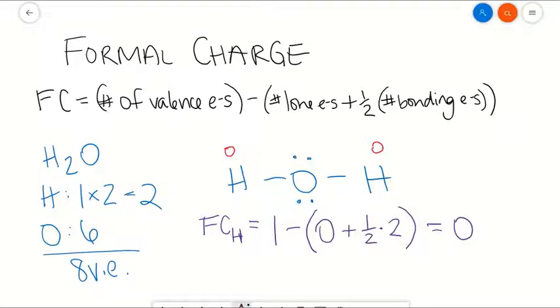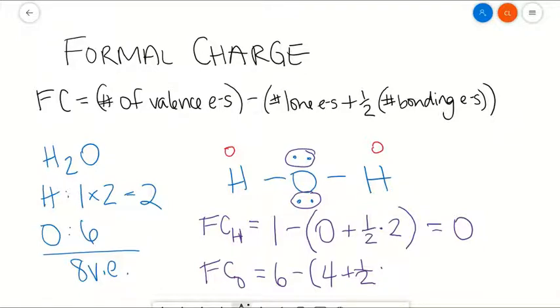Now let's take a look at the formal charge of oxygen in water. You count up the number of valence electrons of oxygen, and that is 6. Then you want to look at the lone electrons. These are lone electrons, and these are lone electrons. So that's 2, 4. Then we want to say plus 1/2 of the bonding.